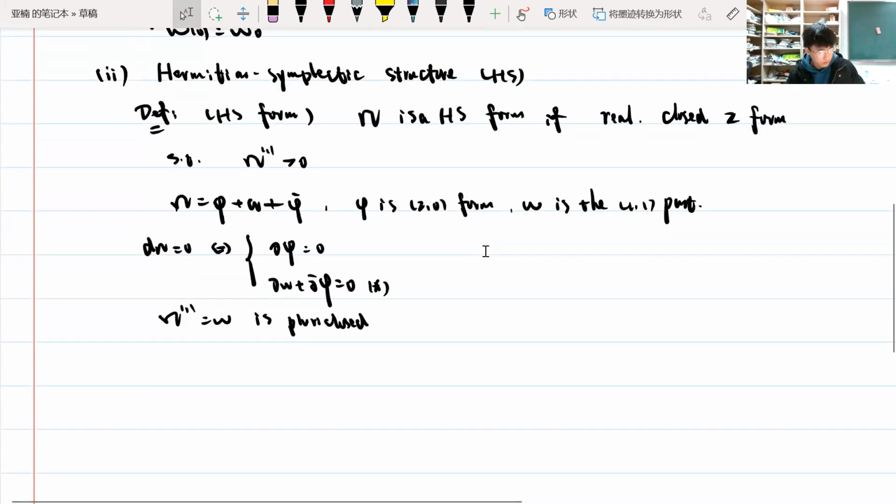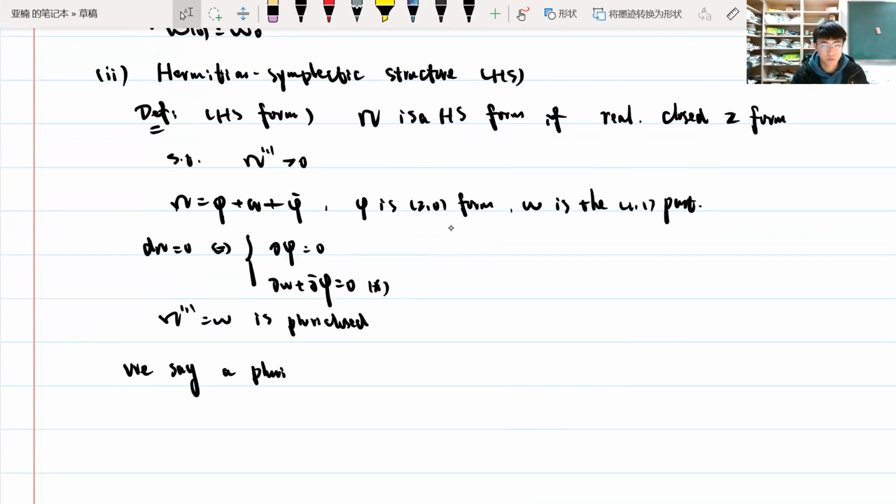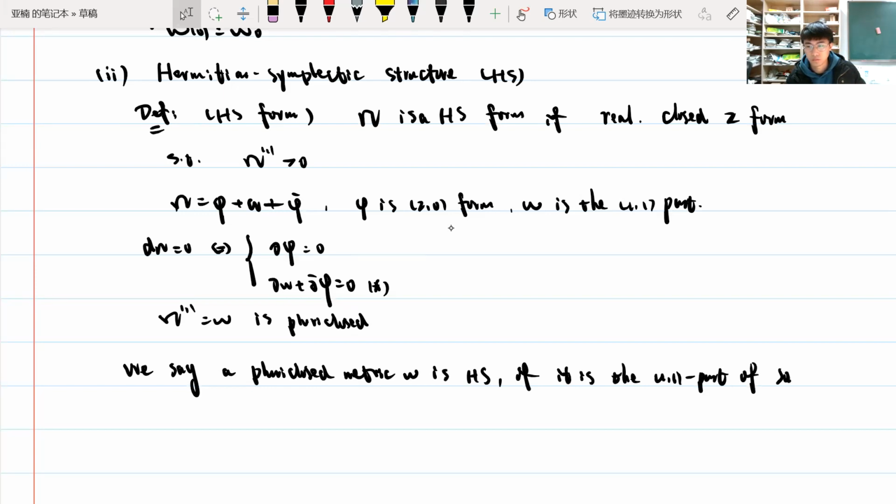So for convenience, we can say a pluriclosed metric is Hermitian symplectic if it is the (1,1) part of some Hermitian symplectic form.